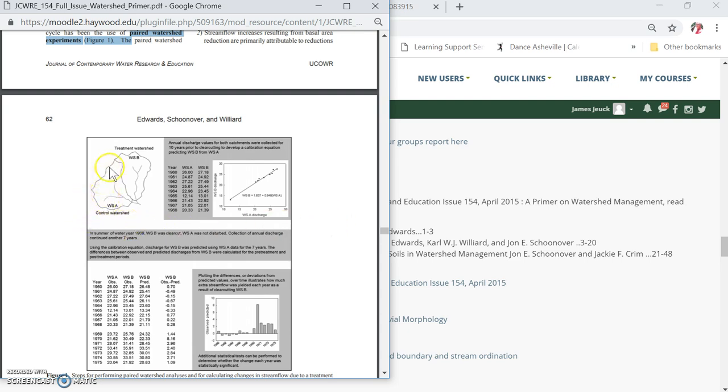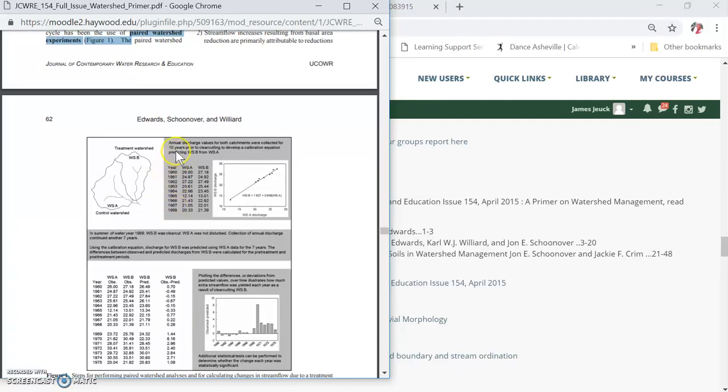Basically, they have two different watersheds, very similar in size, and in pretty much the same location. They put weirs at the bottom of each of them, right there where the stream comes out, and they monitor for a long period of time how much water is coming out of those.